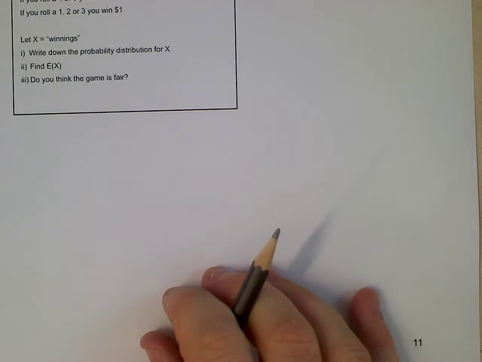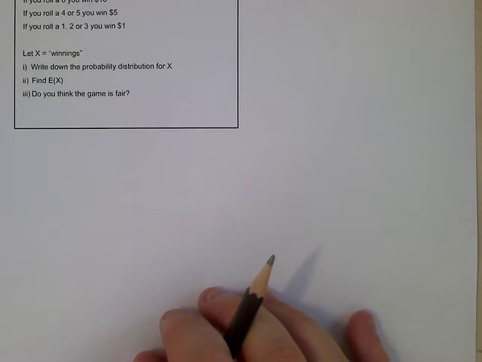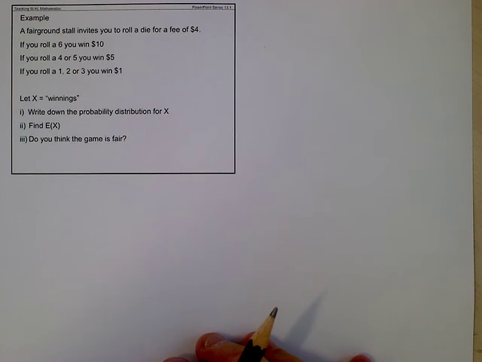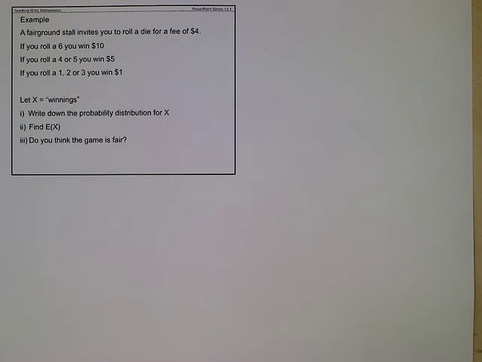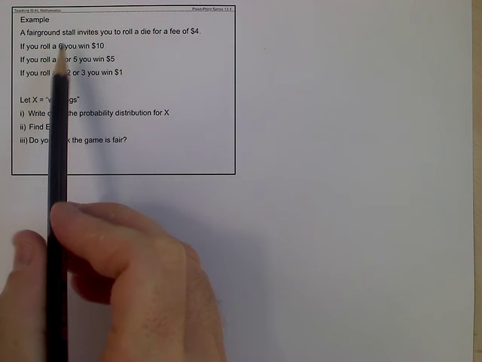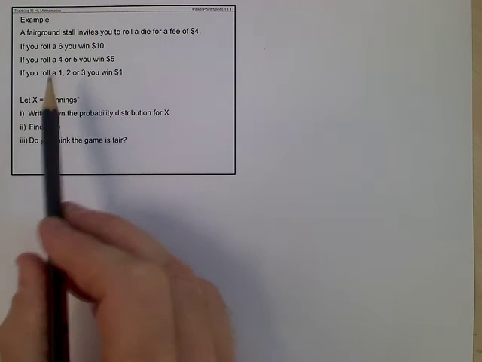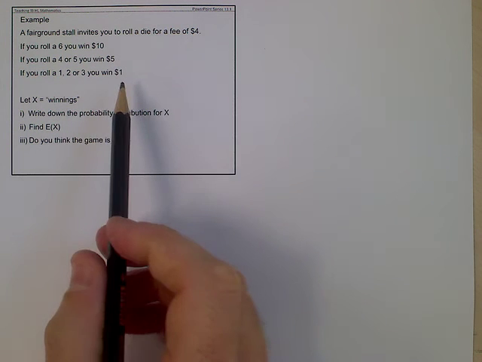One last example, one application for these questions is games. And this is where we start to see a little bit of where probability is applied to games. Following situation, a fairground stall: if I roll a 6, I win $10. If I roll a 4 or 5 on a dice, I win $5, or 1, 2, or 3, I win $1. But it costs me $4 to play.